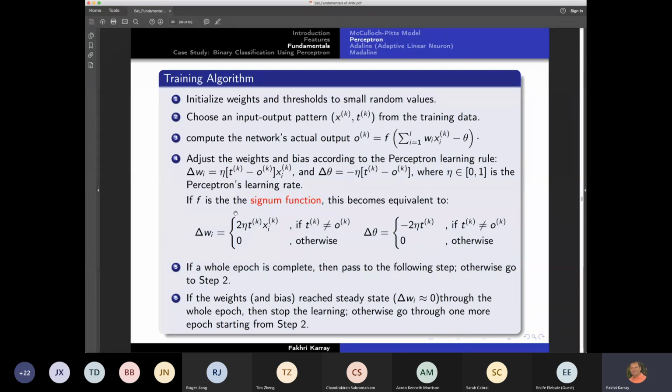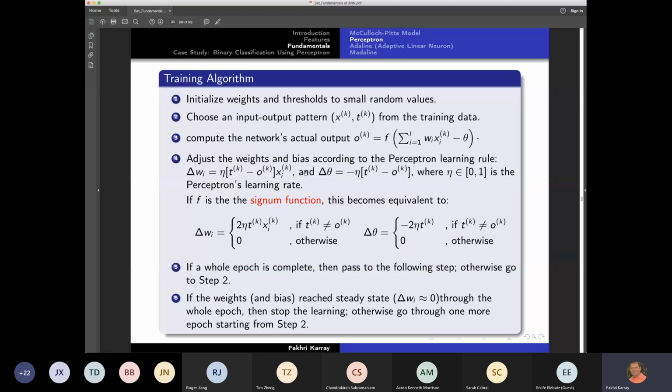So the system tells us here, if f is the signum function, whether the output is minus or plus, this becomes equivalent to delta omega_i equal to 2 eta t_k x_ik if t_k is different from o_k, and delta theta is equal to minus 2 eta t_k. This is very easy to see. Why are we doing that?